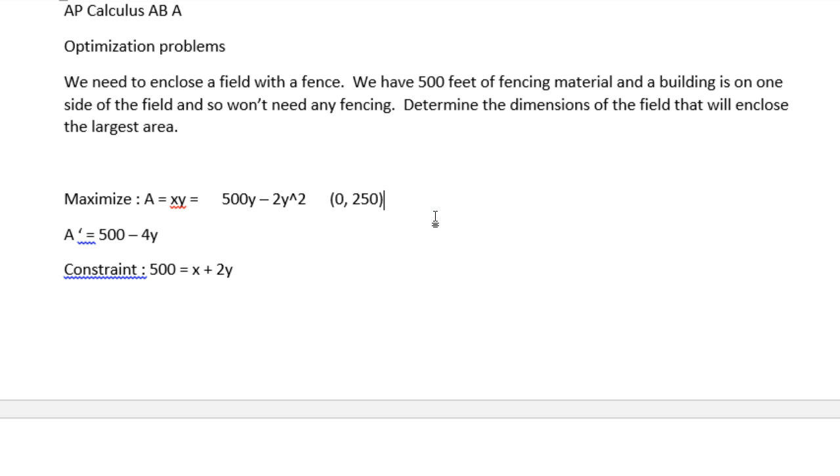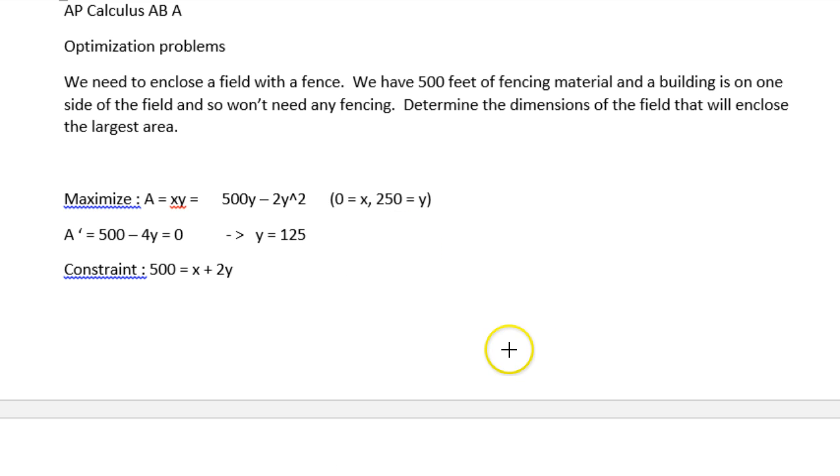If 250 was y for the two sides, that would mean the side along the barn would be 0, and that gives us the least amount of area, but that occurs in two spots, one at each end. So we set the derivative equal to 0, and we find that y equals 125, and that's our critical point.